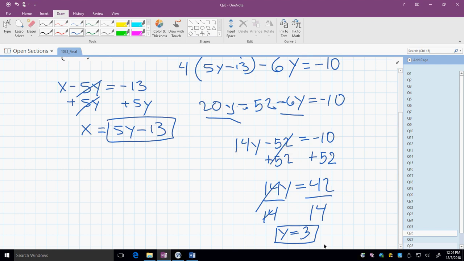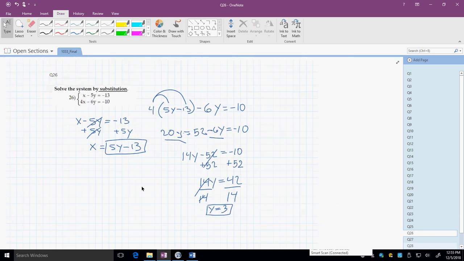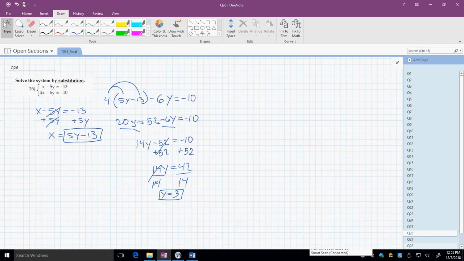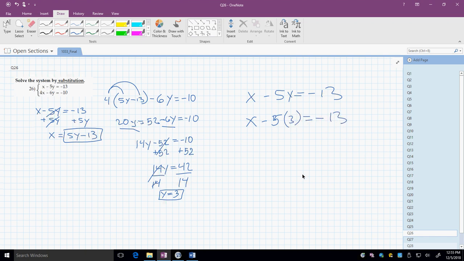3 for y. Now I'm going to take 3 and I'm going to plug it in the top equation just because it looks easier. Because I have x by himself, so I have to do less work. So I have x equals 5y minus 13, and I substitute y by 3, minus 13.